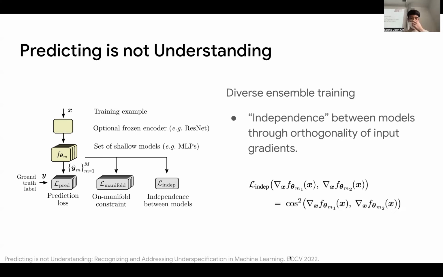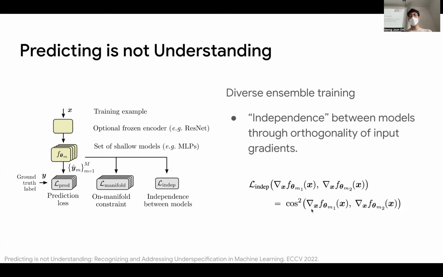In this paper, "Predicting is not Understanding: Recognizing and Addressing Underspecification in Machine Learning," presented like 2-3 weeks ago at ECCV, they present a way of making models focus on different types of cues by using the orthogonality of input gradients.